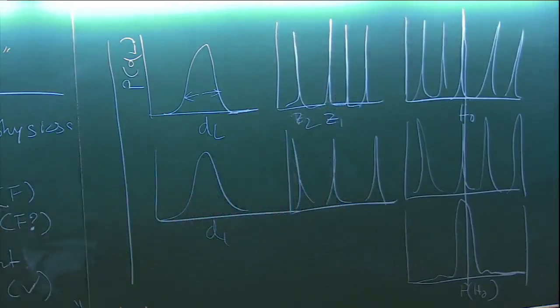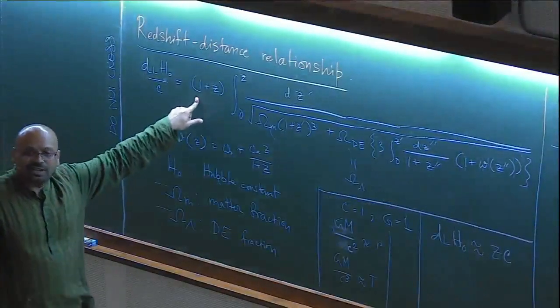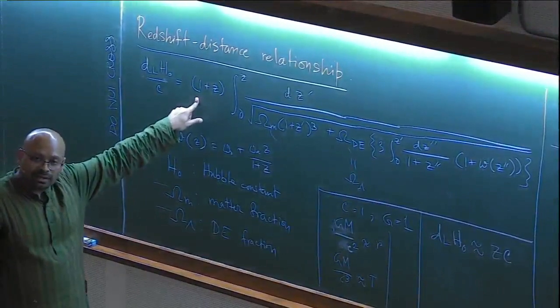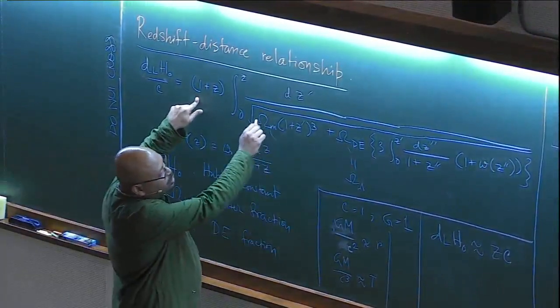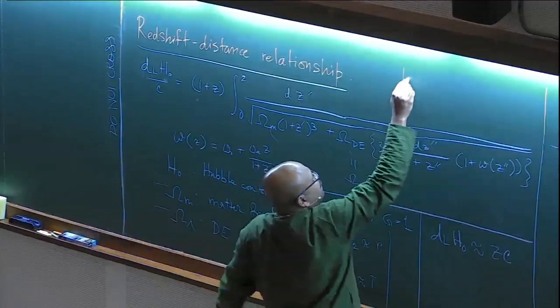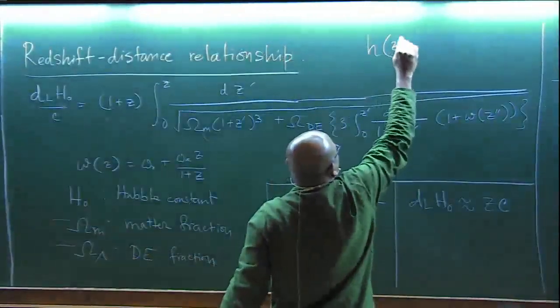Let's take a step back and look at this relationship again. H naught is the slope of the distance-redshift relationship. I do not write down the time-dependent H of z.